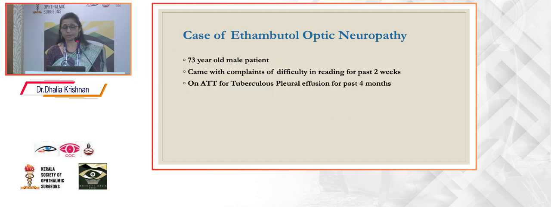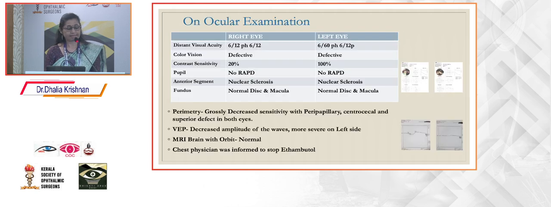Presenting a case of ethambutol optic neuropathy where a 73-year-old male patient came with complaints of difficulty in reading for the past 2 weeks, on ATT for tuberculous pleural effusion for the past 4 months. On examination, pinhole visual acuity was around 6/12 in both eyes with defective color vision and decreased contrast sensitivity. No RAPD, with nuclear cataract.